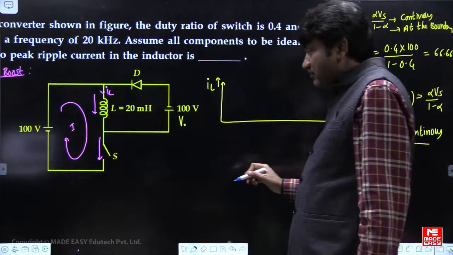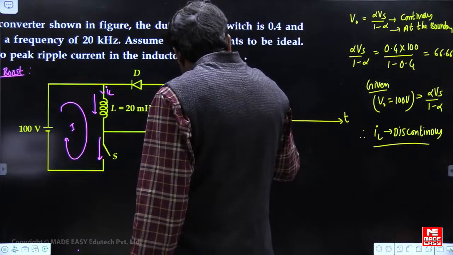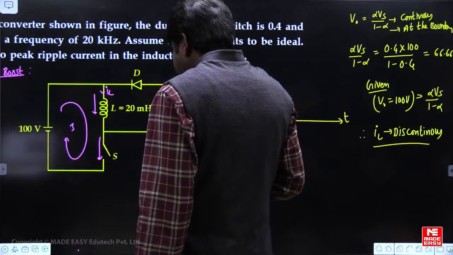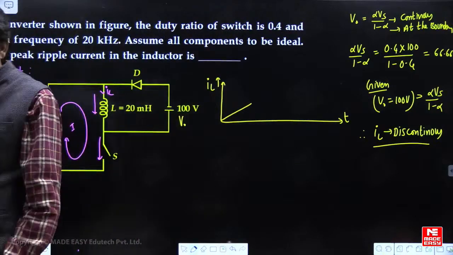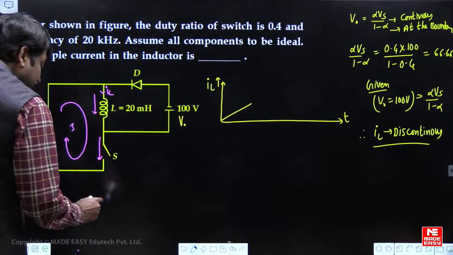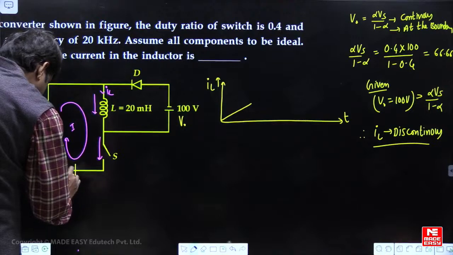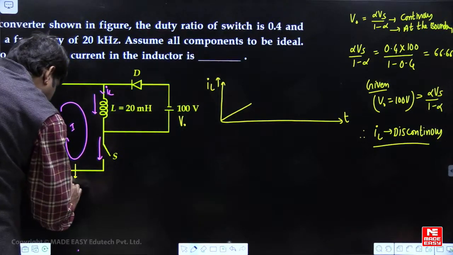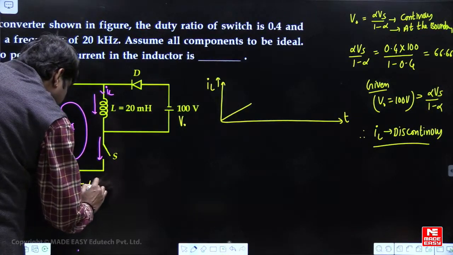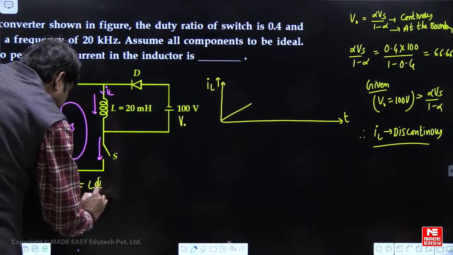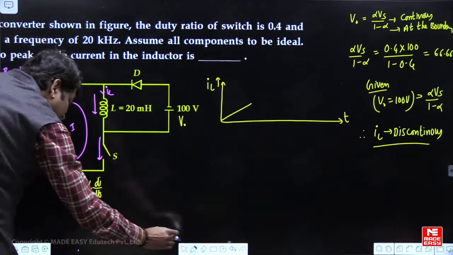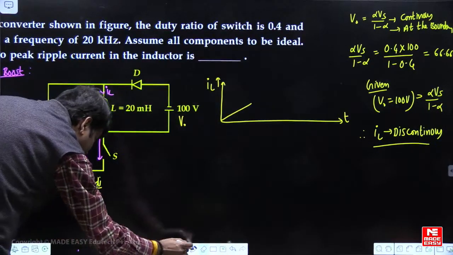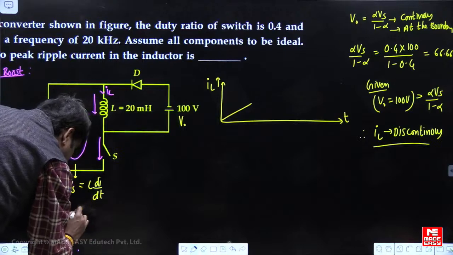See here, when you turn on the switch, in this mode, what is the KVL? Vs is equal to L into di by dt.